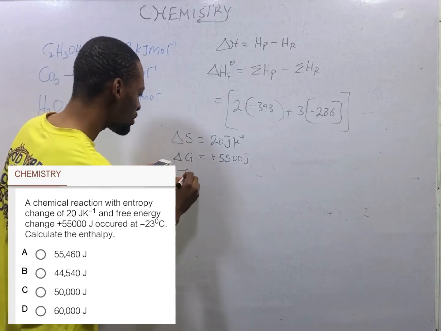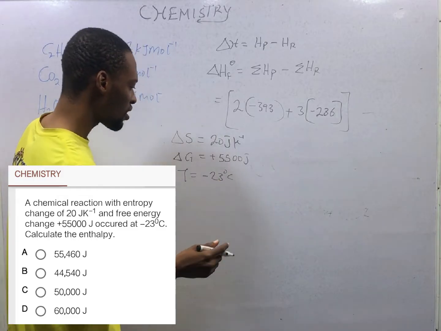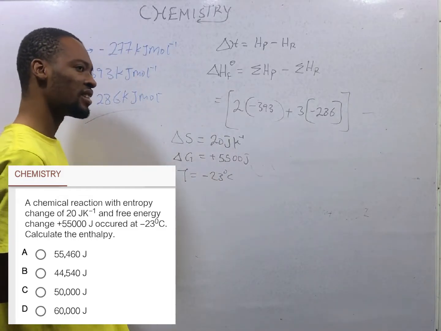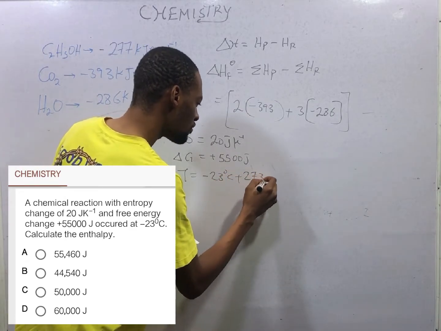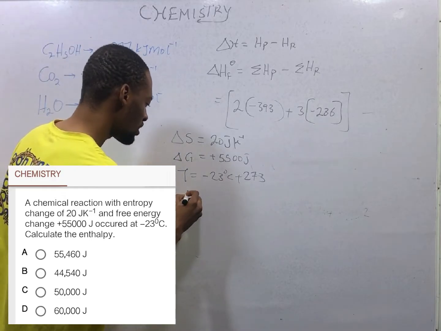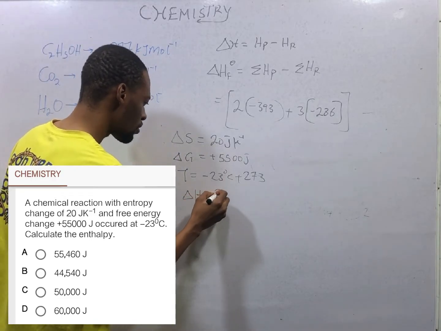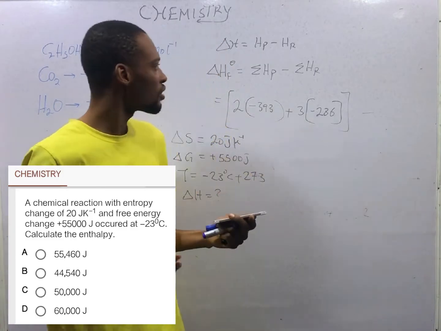Calculate the enthalpy. Temperature is equal to minus 23 degrees Celsius. Temperature must always be in Kelvin. That is the standard condition. So plus 273. Calculate the enthalpy, delta H equals question. That is the task before us.